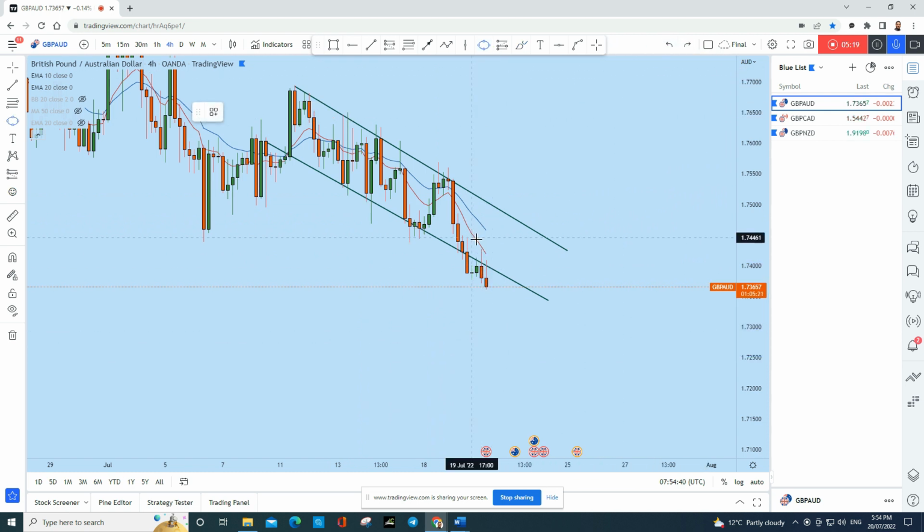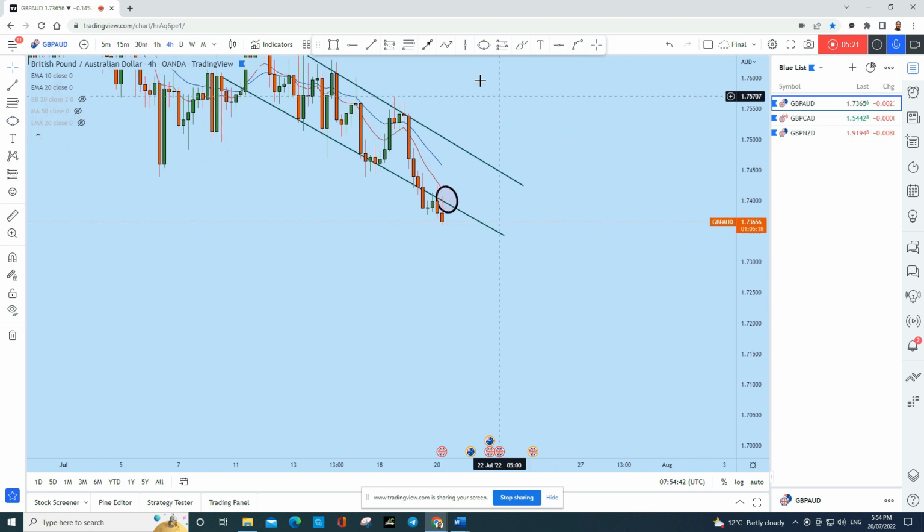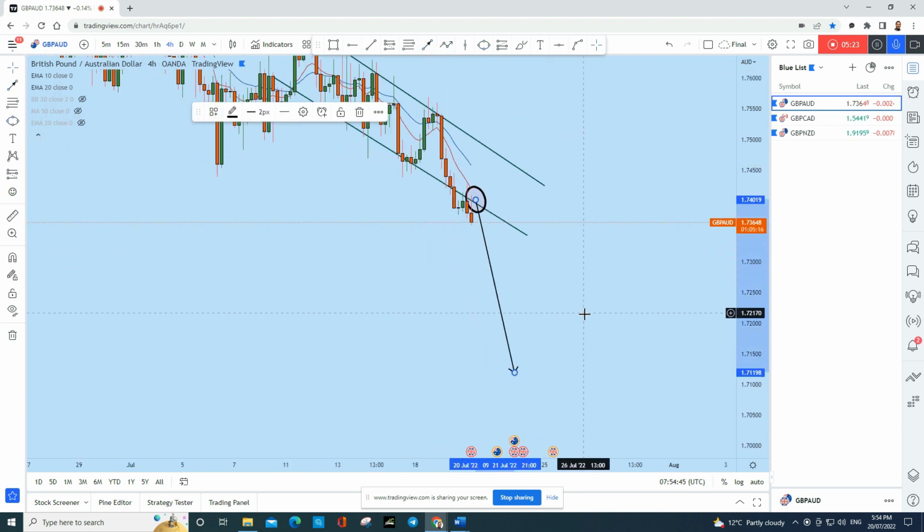With that being said, from all these zones we will be considering going short on GBPAUD, GBPNZD, and GBPCAD if they satisfy all the rules of our strategies, with a high risk to reward ratio with our students.